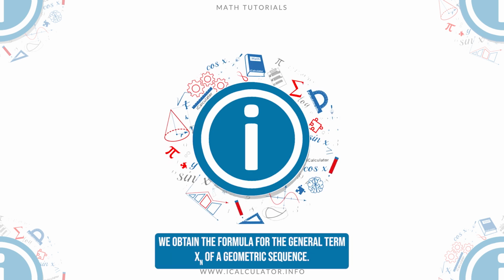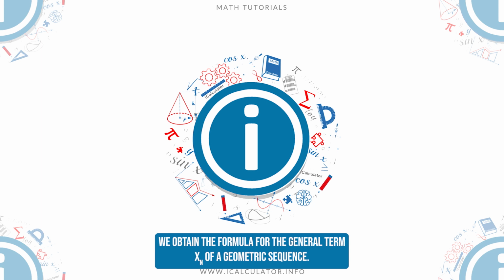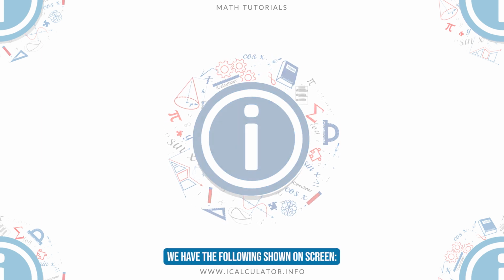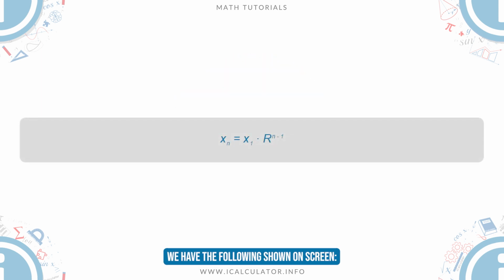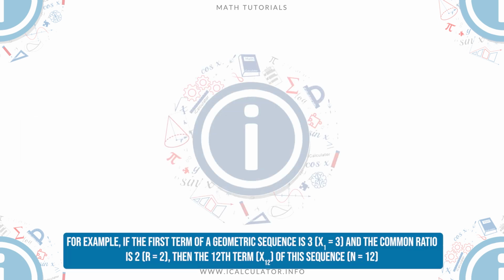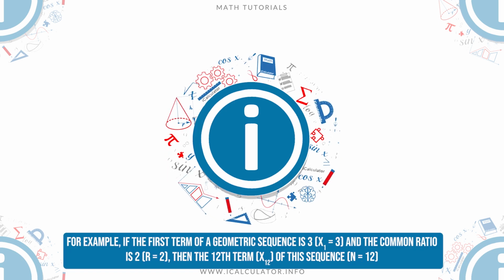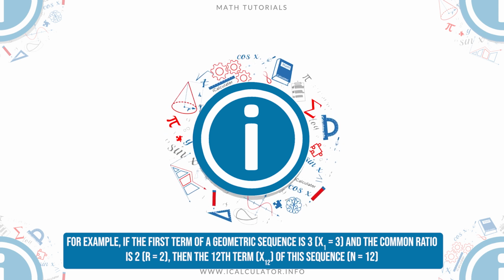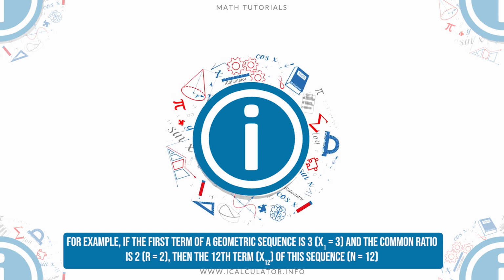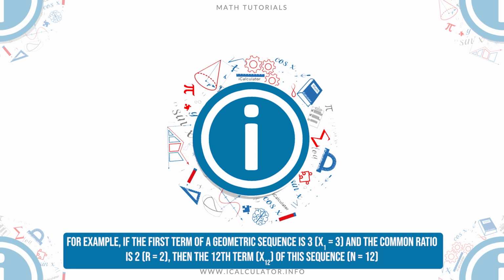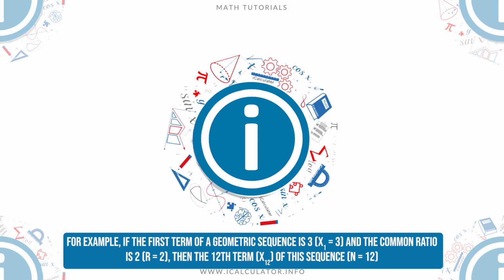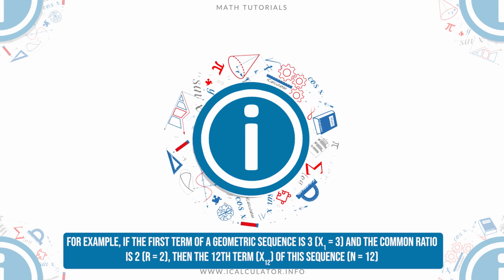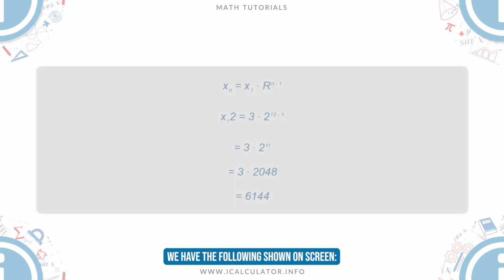We obtain the formula for the general term xn of a geometric sequence, shown on screen. For example, if the first term of a geometric sequence is 3, x1 is equal to 3, and the common ratio is 2, r equals 2, then for the 12th term, x12, of this sequence, n equals 12, we have the following shown on screen.